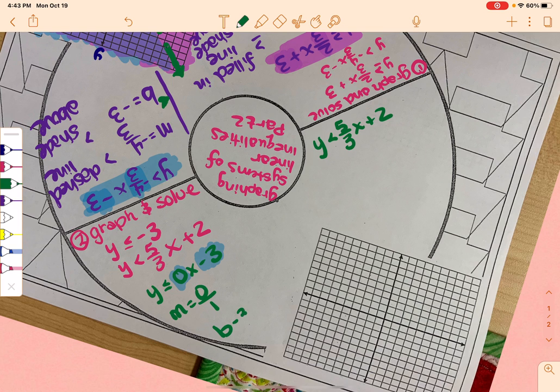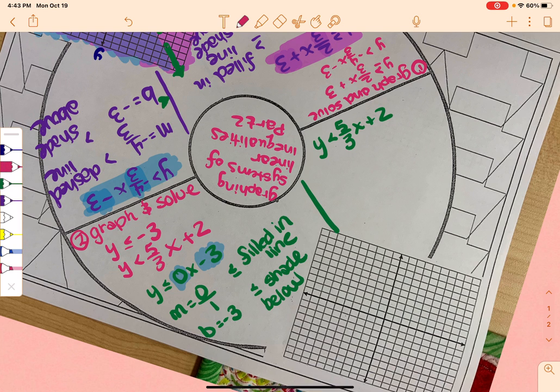My b value is -3. Now, this is my inequality, which means it's going to be a filled in line. And it's going to be shaded below.